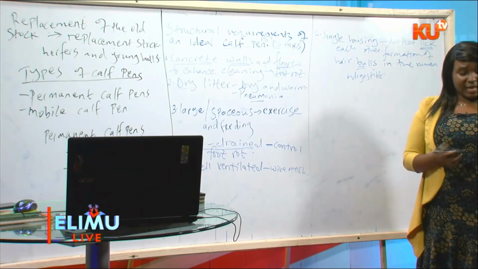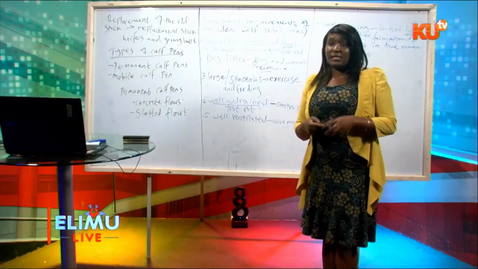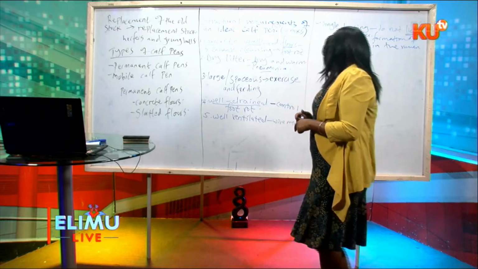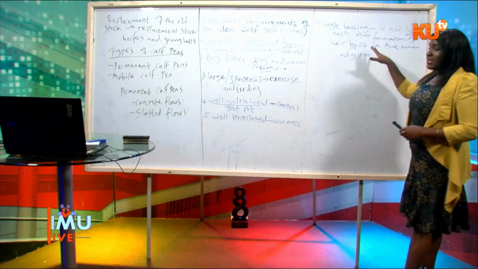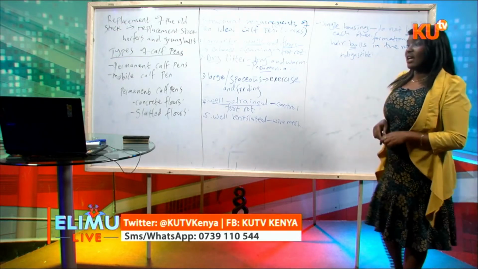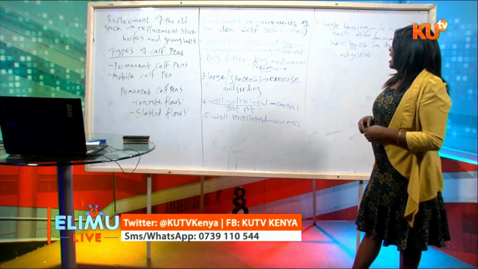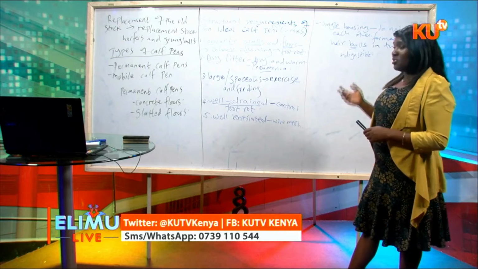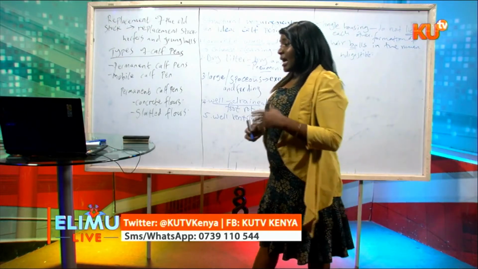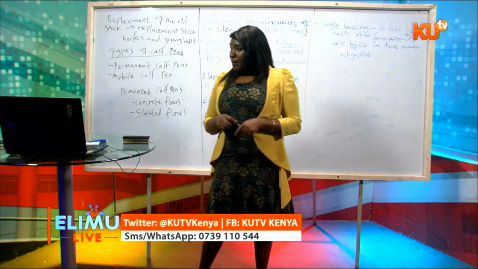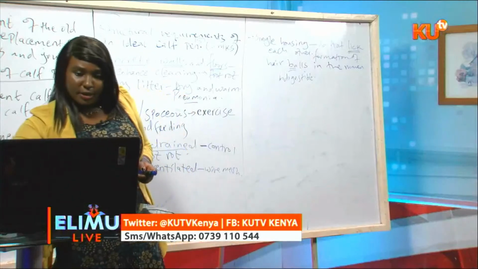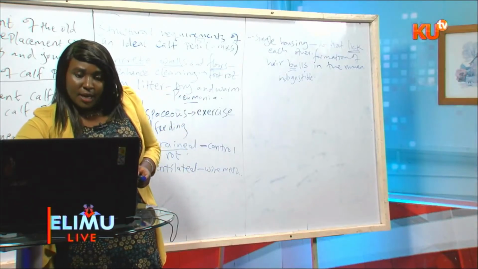And of course, a material that cannot be digested is harmful to anyone's life. So we need these calves to be housed singly, because they can lick each other. Since they are very young and tender, they can lick each other, and it might cause hair balls, which are indigestible in the rumen.